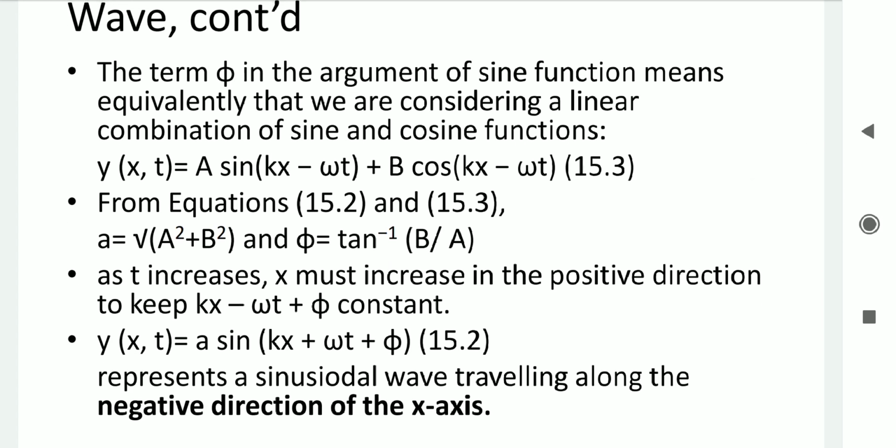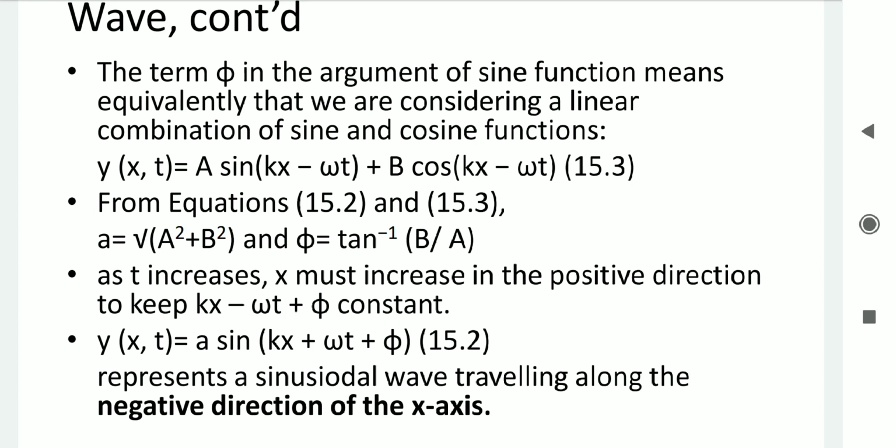And here, if we want the wave traveling along the negative x direction, then this equation can be rewritten as y of x comma t equal to a sine kx plus omega t plus phi. Here y of x comma t gives the displacement, which is a function of position and time.